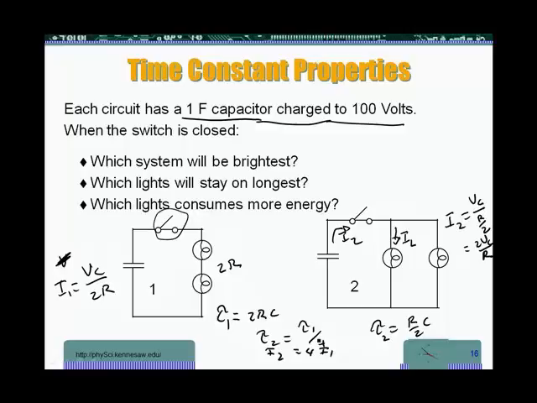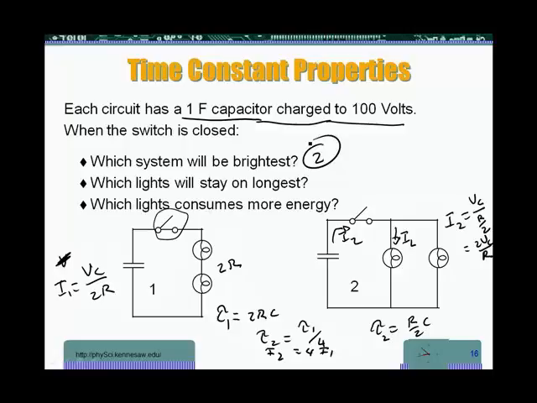Okay. So now which system will be the brightest? Obviously, it's going to be the system where I have the larger current. The larger current is in system 2, so it's going to be system 2.